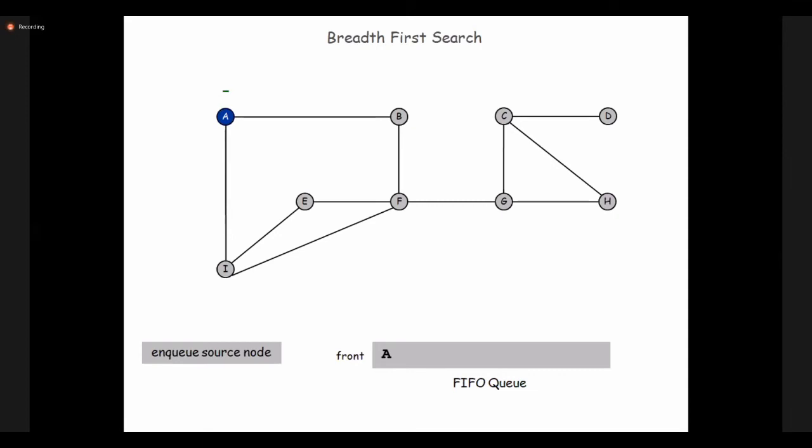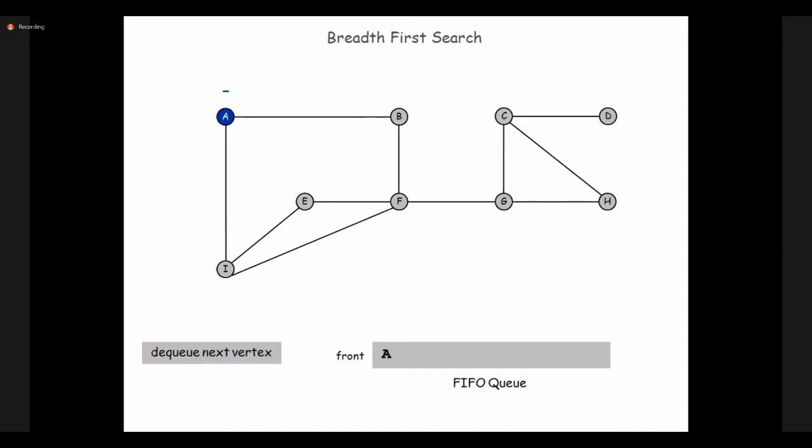Look at here. First I am taking my first vertex. The selected vertex is A. Then for A, how many adjacent vertices are there? It is B and I. What I am doing is including those adjacent vertices into the queue.